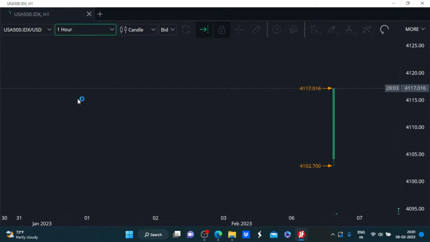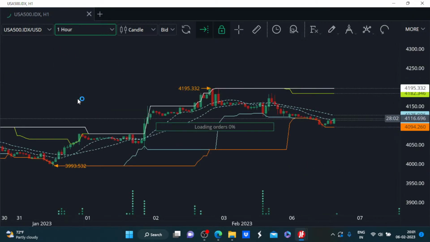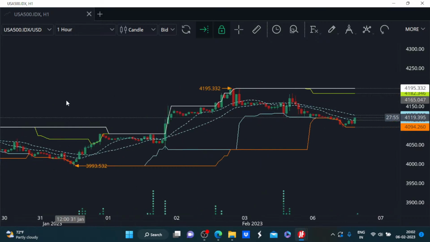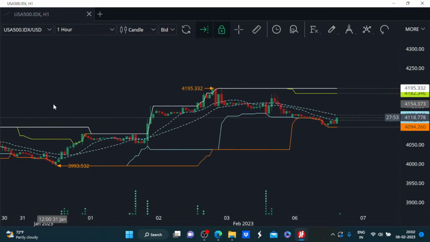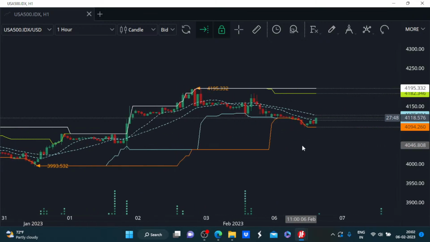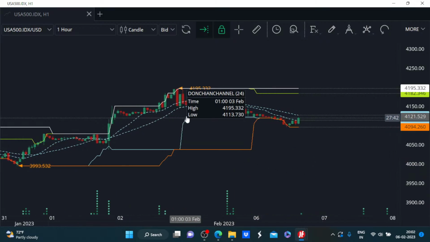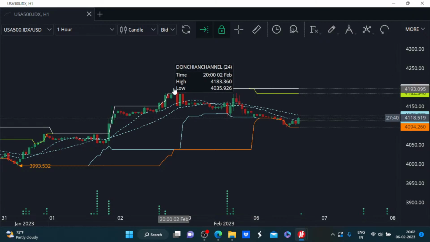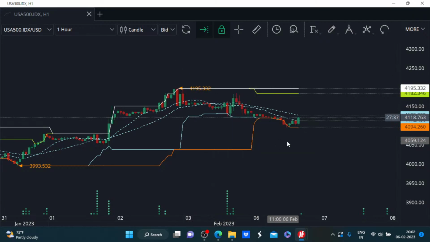If you consider the larger time frame charting, we have the S&P 500 consolidating with the bias turning in favor of the bulls now. On the Friday session, we saw the S&P 500 correcting from these higher levels, and since then the undertone has been slightly bearish, but it seems to be catching up now.